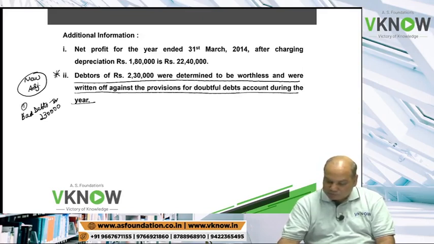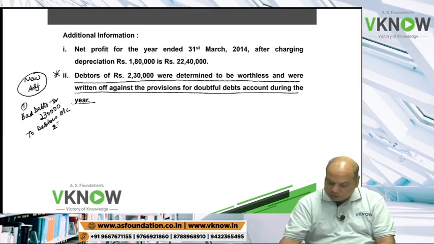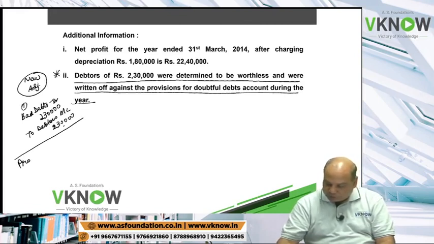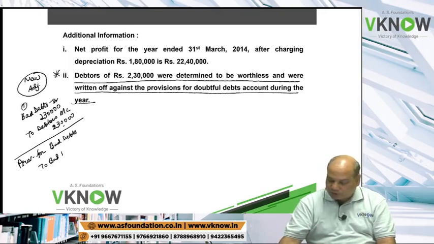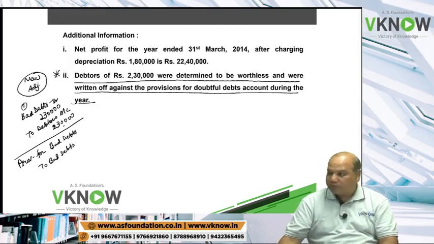First entry: bad debt account debit to debtors account, 2,30,000. And the second entry: because they have created provision for bad debt, what was the purpose of provision for bad debt?